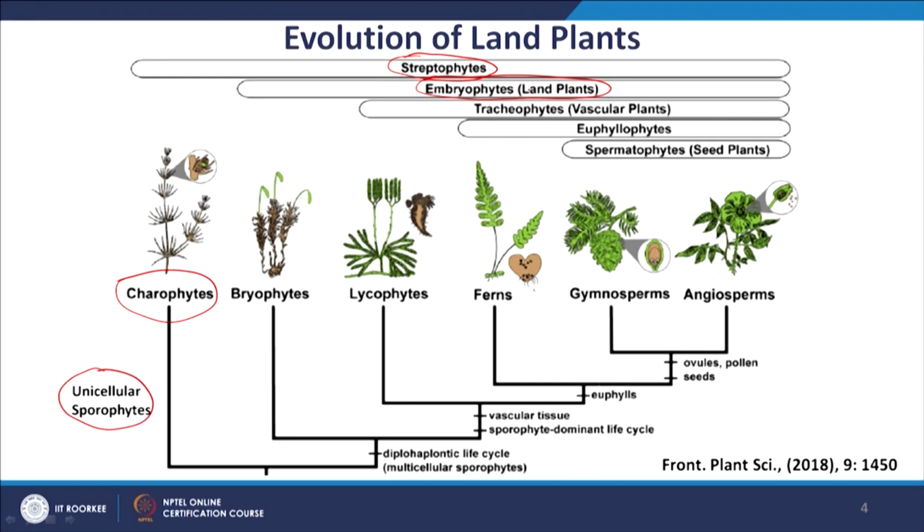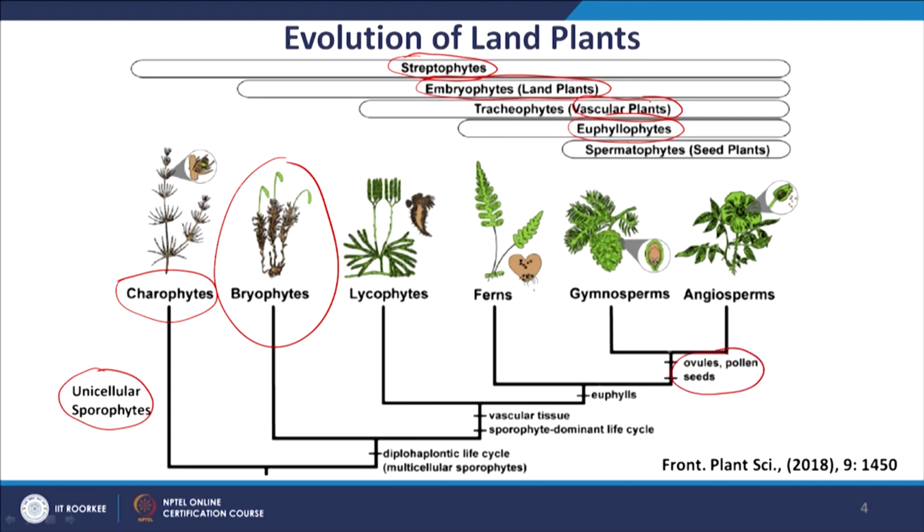Embryophytes can be further divided into vascular plants and non-vascular plants. The bryophytes belong to the non-vascular plants, and from lycophytes onwards, they belong to the vascular plants. And then at some point during evolution, there is true leaf formation, and later on the evolution of seed-like structures.